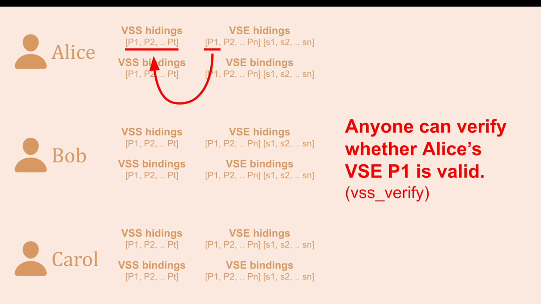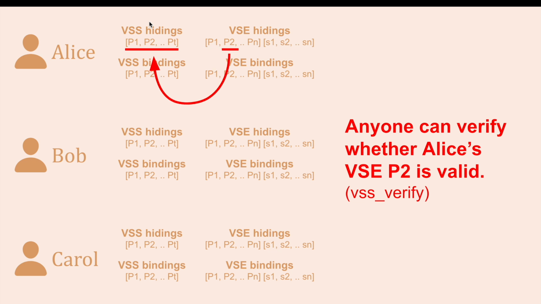and you can verify whether this point P1, the public contribution, passes the verification against the VSS hidings, simply by running the VSS verify function. It's nothing new of a primitive. Again, VSS is there for FROST and ROAST. Effectively, we can run VSS verify, and we'll come to that later, to make sure the VSC P1 is valid against the VSS points.